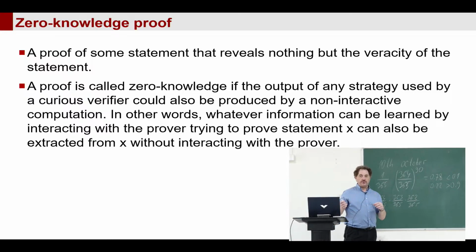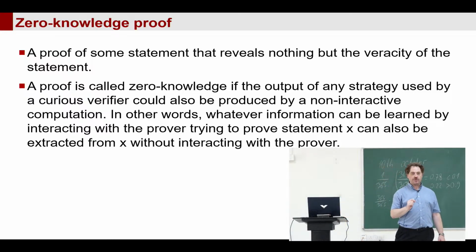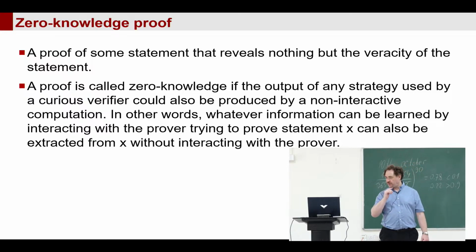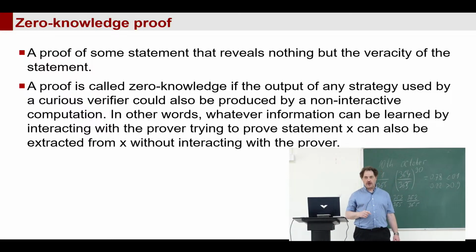What we are going to spend most time on in this lecture is I'm going to give you examples of different zero-knowledge proof systems. I'll be trying to show that they indeed are proof systems, complete, sound, and also zero knowledge.